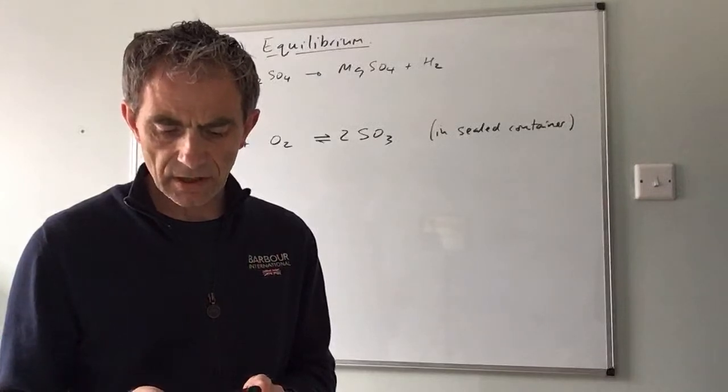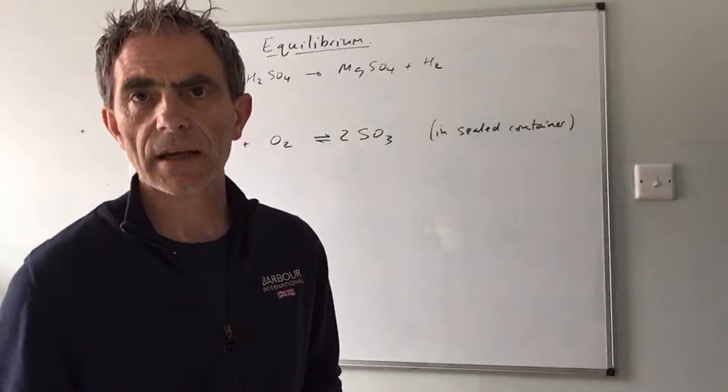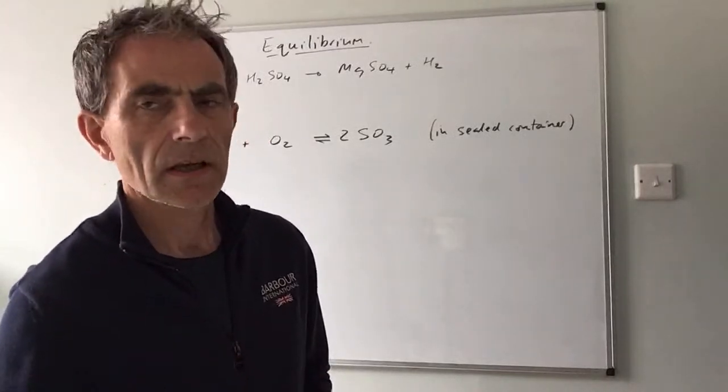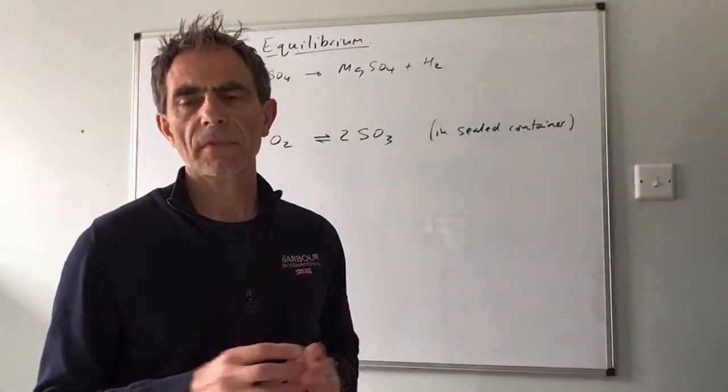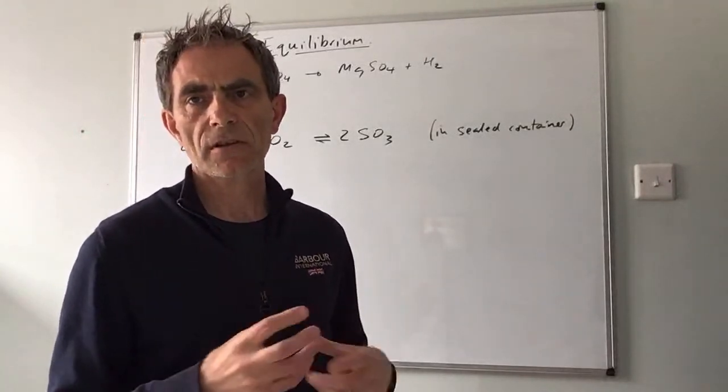What's the difference between OCR-A and OCR-B? I've never taught OCR-B, but I know it's all set in chemistry contexts rather than a traditional approach.